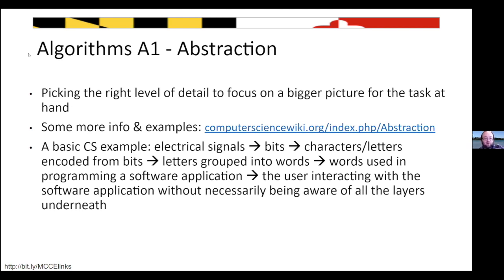And then those words are used in programming a software application. And then at the highest level, the users interacting with it, not the programmers, don't have to be aware of any of those lower levels of abstraction. They can still type something in Microsoft Word without having a clue about any of the ones and zeros and the character ASCII encoding or anything that's going on underneath the scenes.